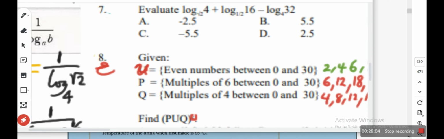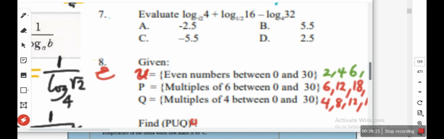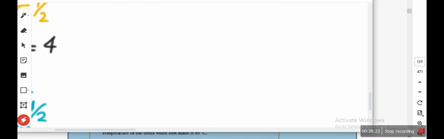The last one you should simplify is log of 32 in base 4. This one should be easier. Let me do it here so that you can now add up everything.